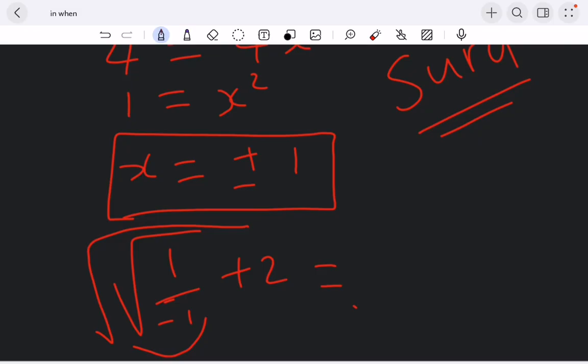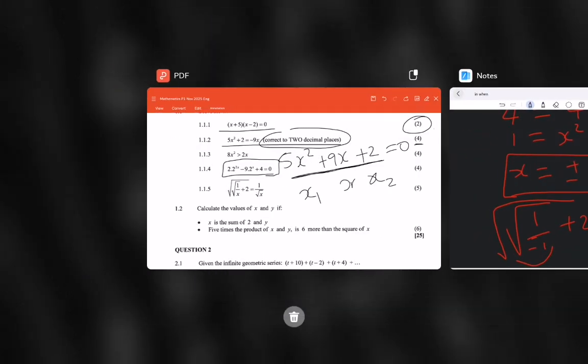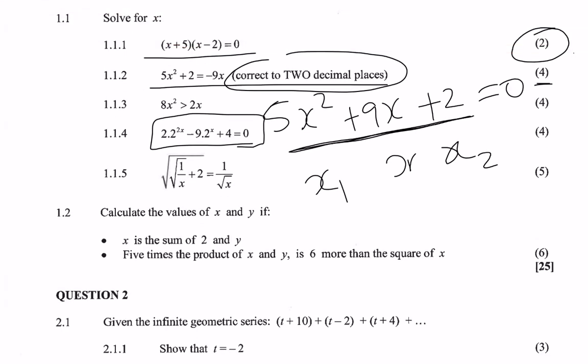So none of these is a solution. x is not equal to minus 1 and x is not equal to 1. Let me just confirm that I have everything correctly. If I put 1 in there, it's just going to be 1 plus 2, which is root 3. Yeah, so none of those are real x values.